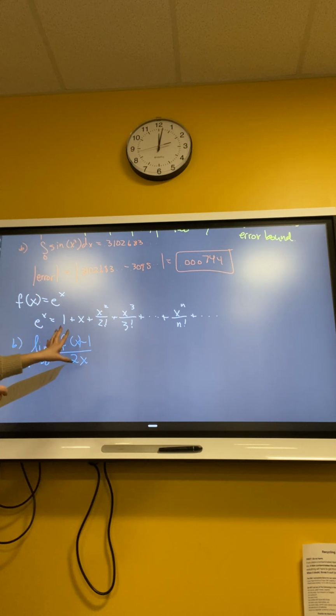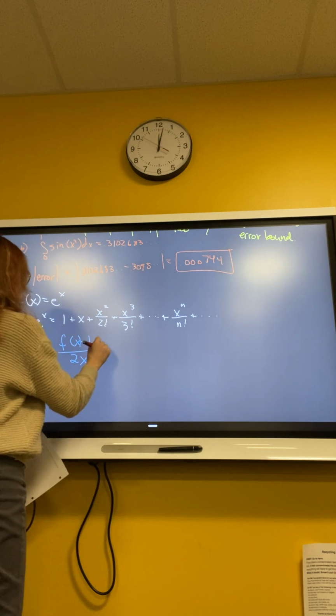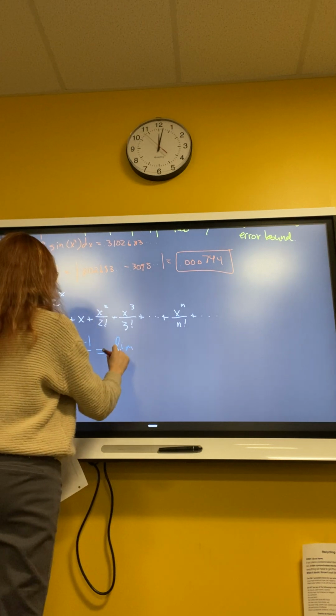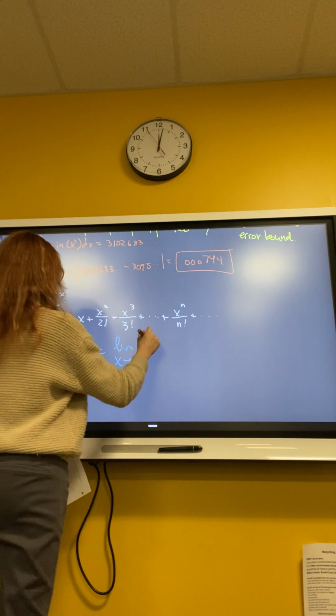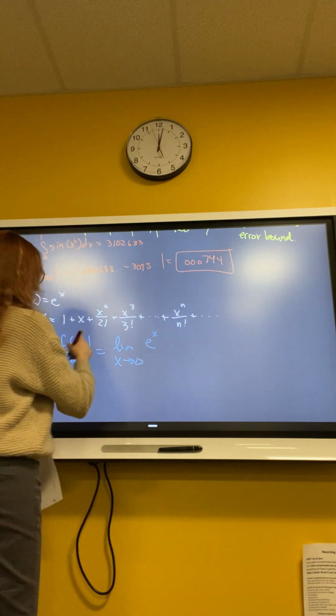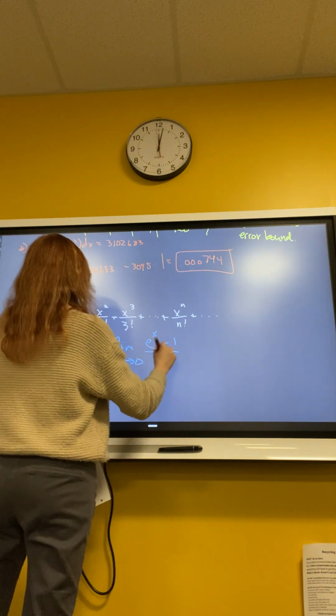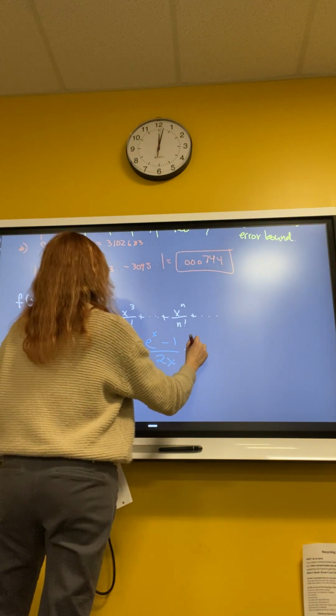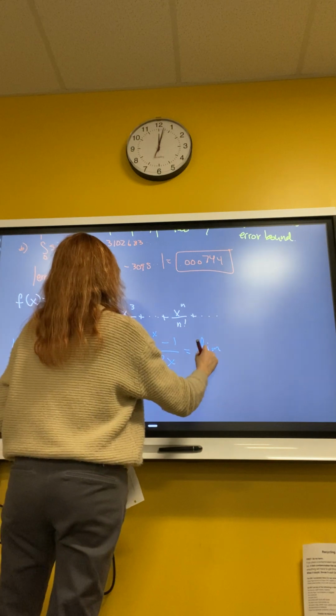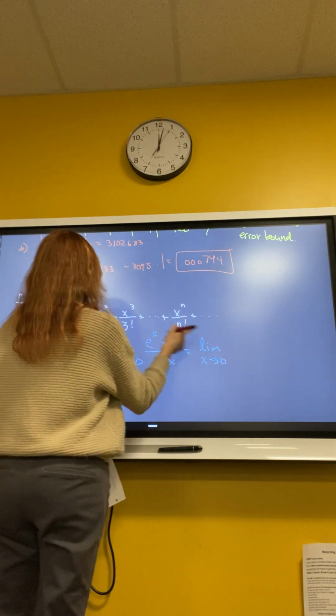So I'm going to substitute, since these are equivalent. You can even do this in 2 steps if you just want to see it, but I'll write that out. I could substitute f of x with e to the x, and I can substitute e to the x with this series.